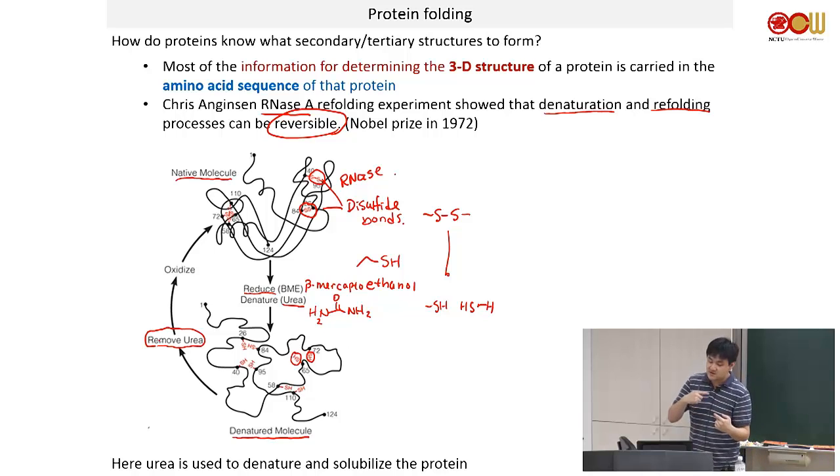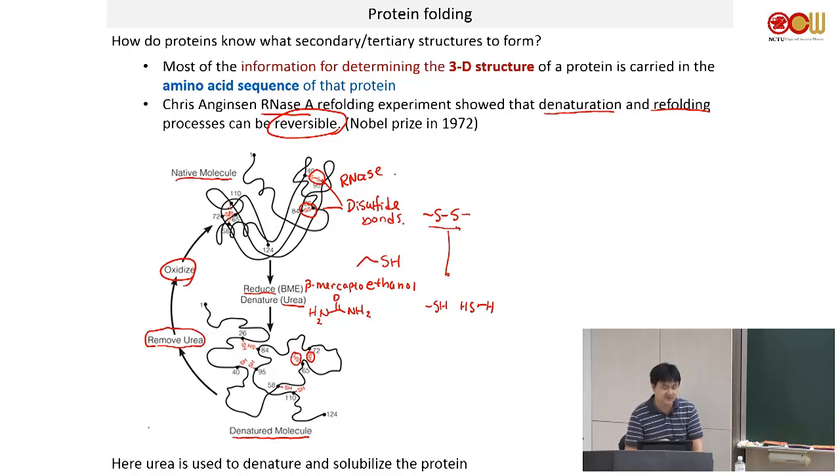So it's going to fold back to its native state, okay? And then once it's folded back into its native state, we add an oxidizer to regenerate your disulfide bonds. And then they were able to show that this is a completely reversible process. You can reduce, denature, and then wash away the urea, oxidize it, and regenerate the original structure. That's pretty cool, okay?